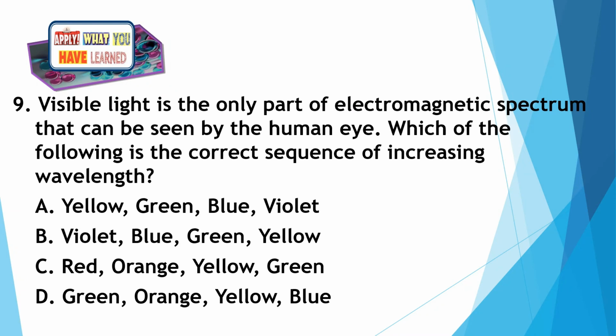Visible light is the only part of the electromagnetic spectrum that can be seen by the human eye. Which of the following is the correct sequence of increasing wavelength? A. Yellow, green, blue, violet. B. Violet, blue, green, yellow. C. Red, orange, yellow, green. D. Green, orange, yellow, blue.